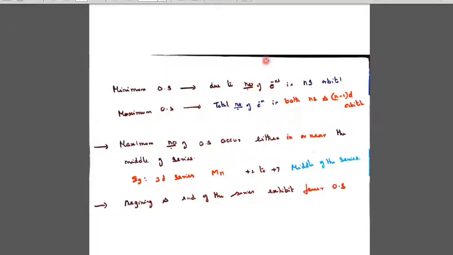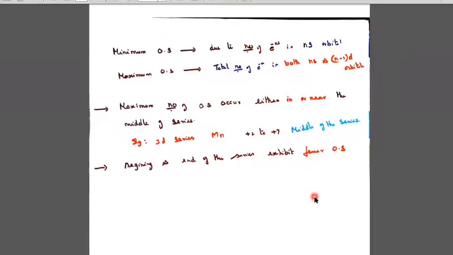The beginning and the end of the series exhibit only fewer oxidation states.